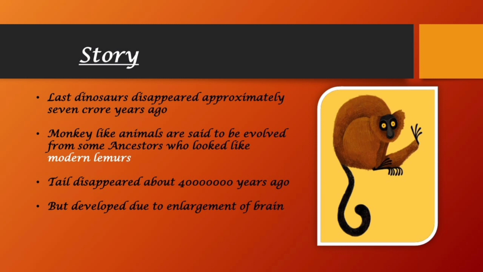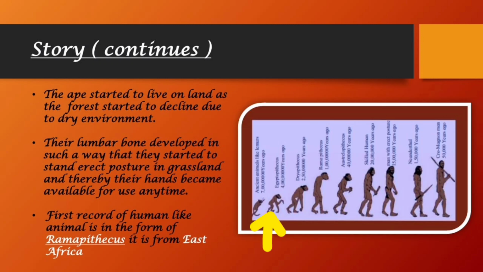The tail of these monkey-like animals of Africa is said to have disappeared about 4 crore years ago. They developed due to enlargement in the brain. Their hands were also improved and thus ape-like animals evolved.